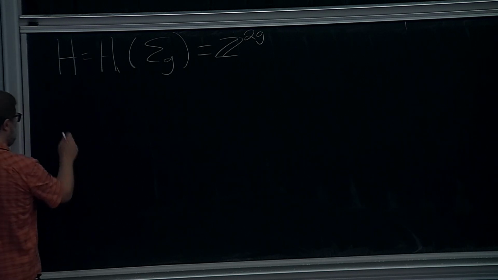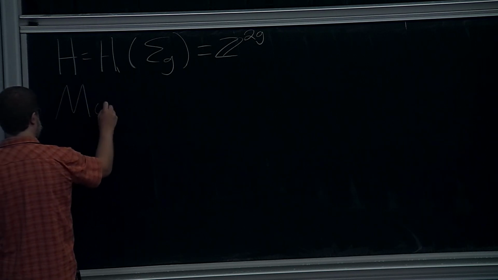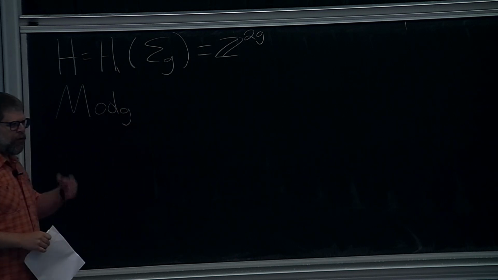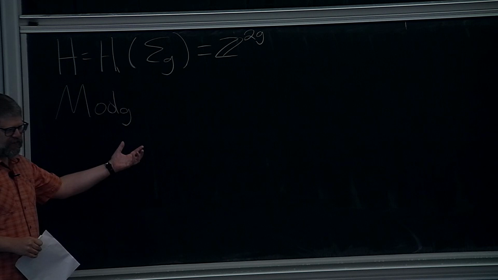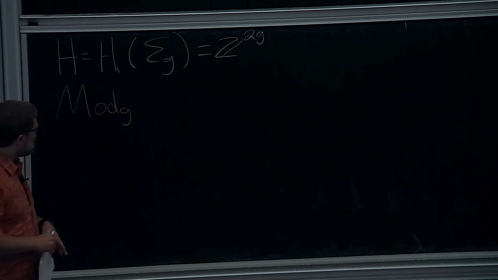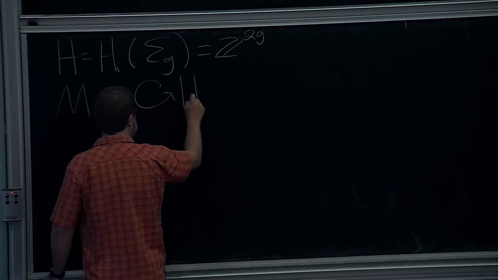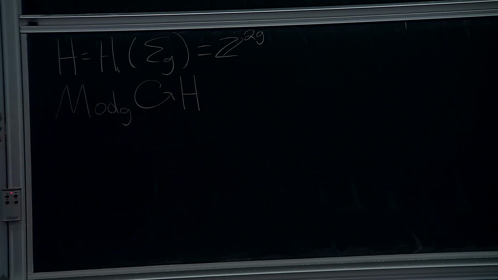So the mapping class group, Mod sub G, remember that's the group of orientation-preserving diffeomorphisms of the surface up to homotopy. So that acts on H. That's just sort of how homology works, right? Homology is functorial, and it's a homotopy functor.